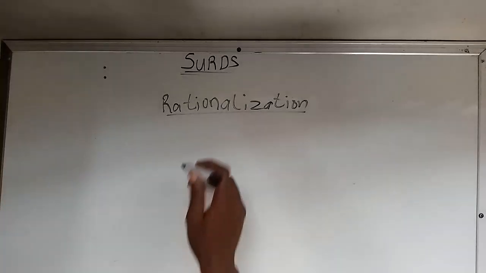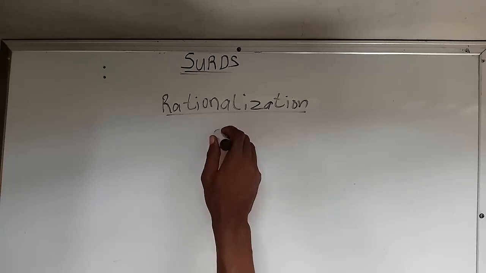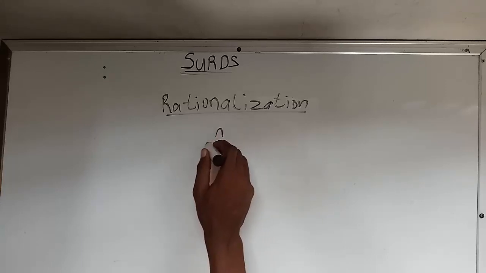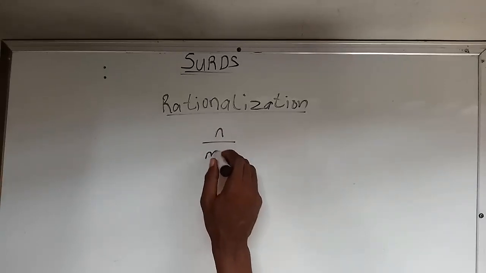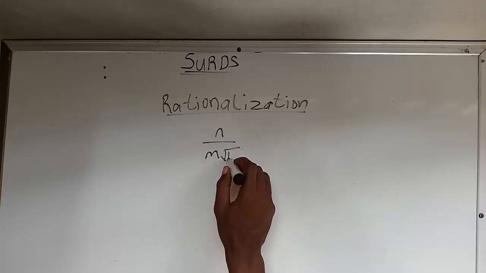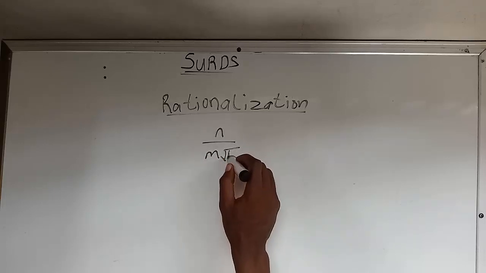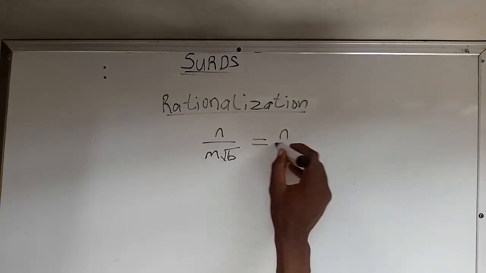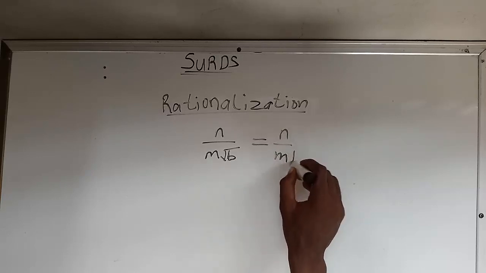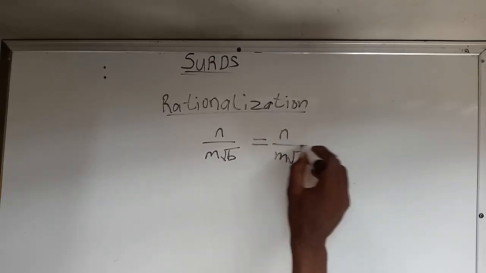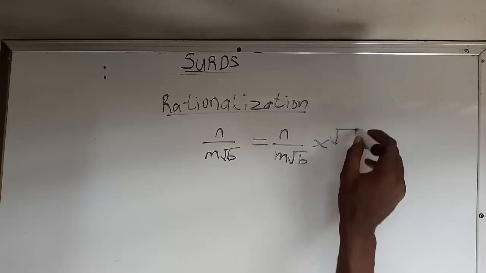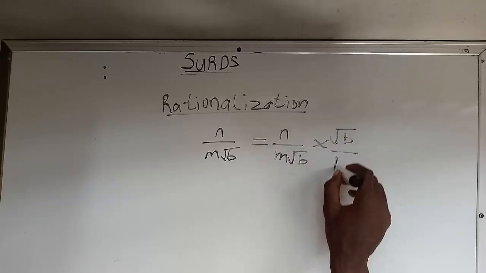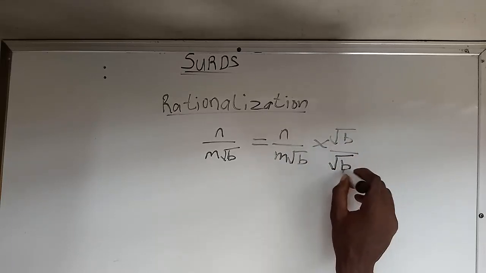You could also get rationalization of the form, let's say n over m root b. So in this case, we still have to multiply by the surd. So we get n over m root b times root b over root b.